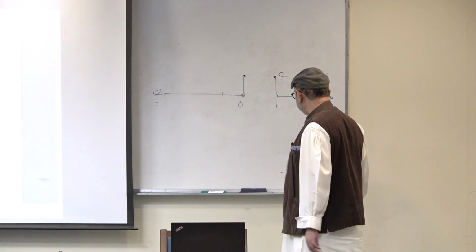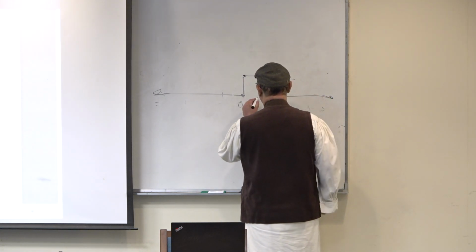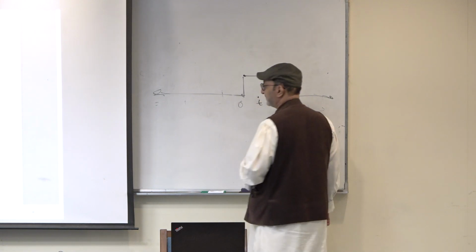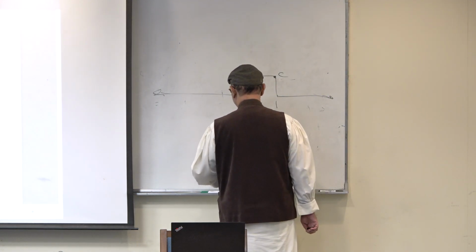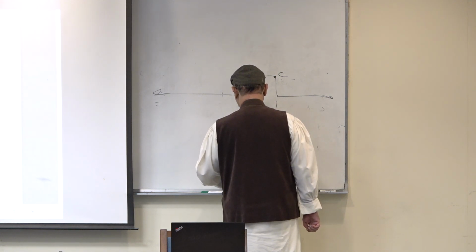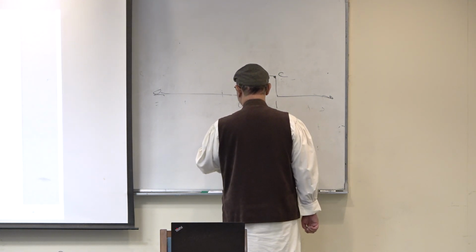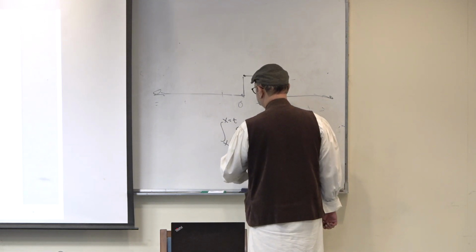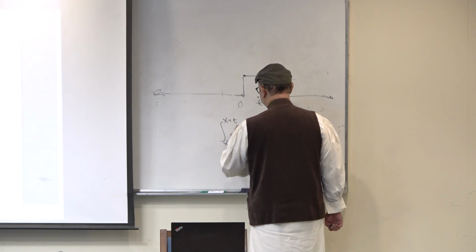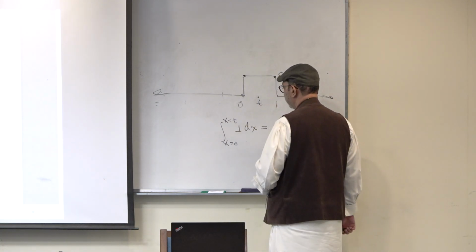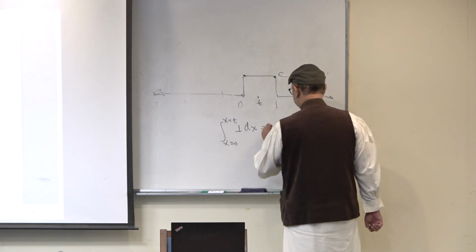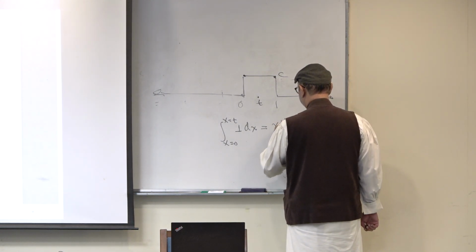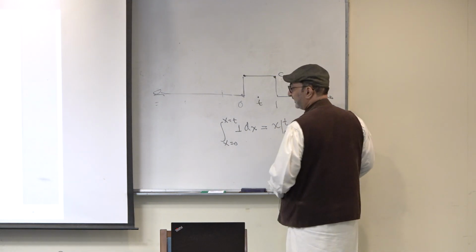Now what's the probability for some value t in here? It's the integral from x equals 0 to x equals t of the PDF, which is 1, dx. That's x evaluated at 0 and at t. So that's t.